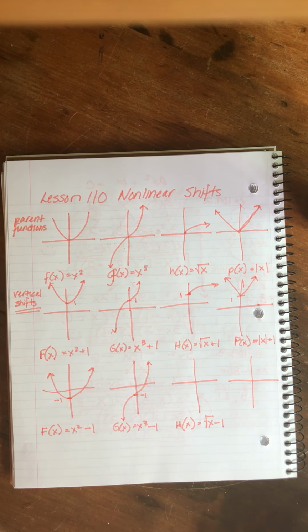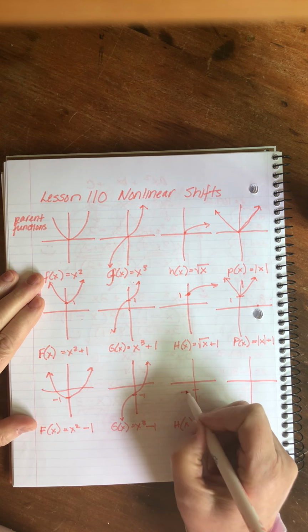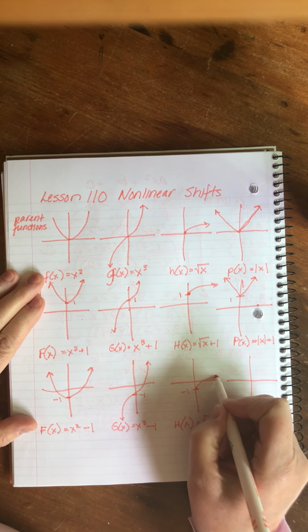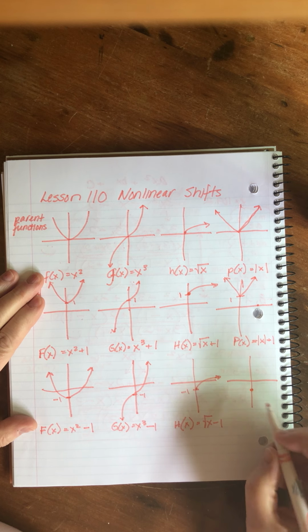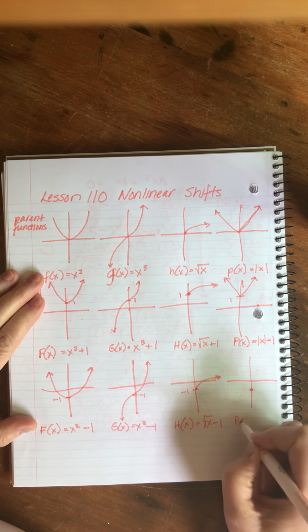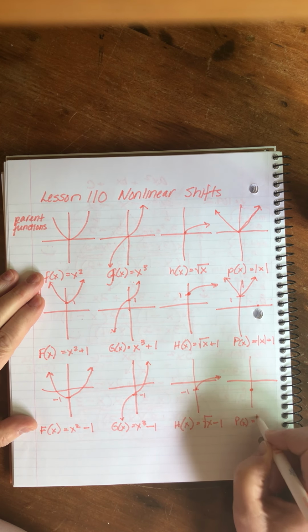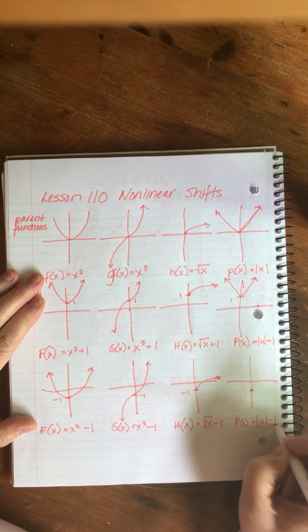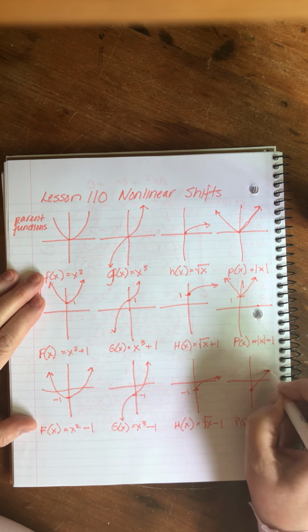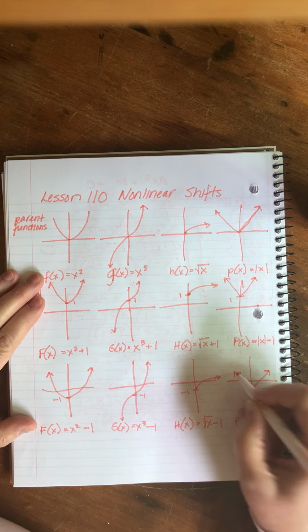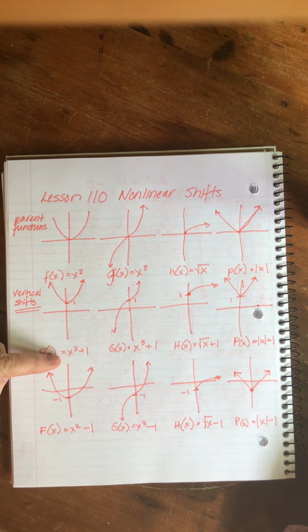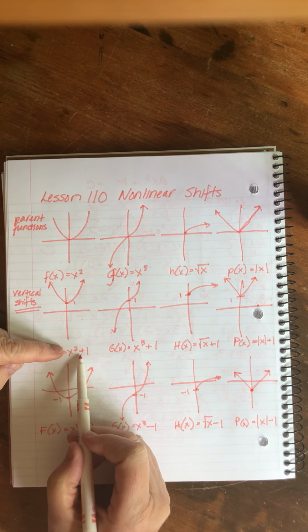Okay, this one we come down here to minus 1 and we go same shape. I'm trying to make them the same shape. And then this is P of x equals absolute value of x minus 1. Okay, so here's the cool thing about vertical shifts. The picture, if you will, the shape moves in the same direction as the sign.